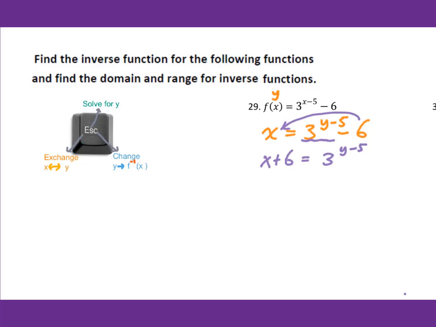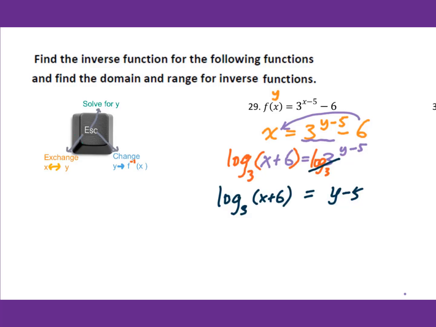Then we got to do log base 3 both sides. So we get y minus 5 equals log base 3 of x plus 6. y equals log base 3 of x plus 6, plus 5.